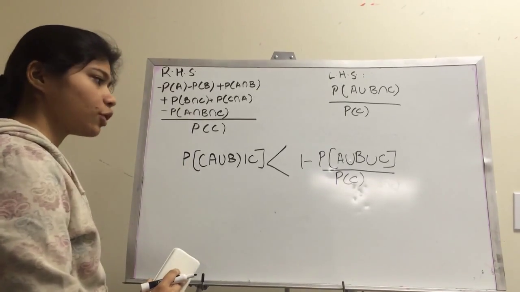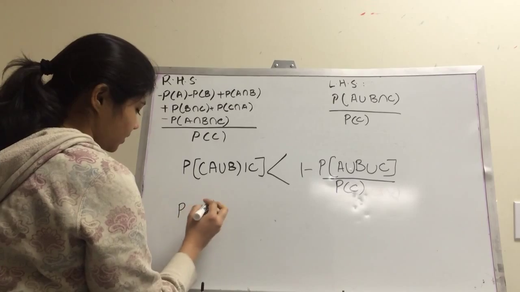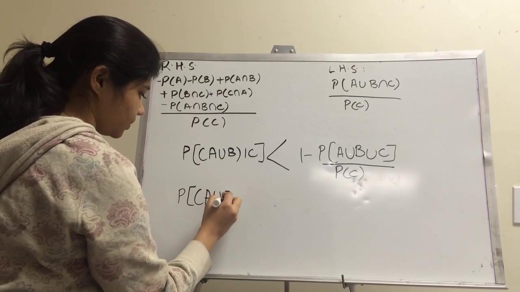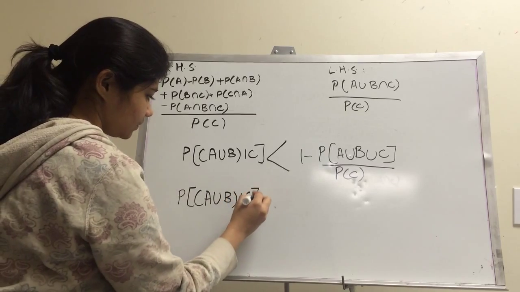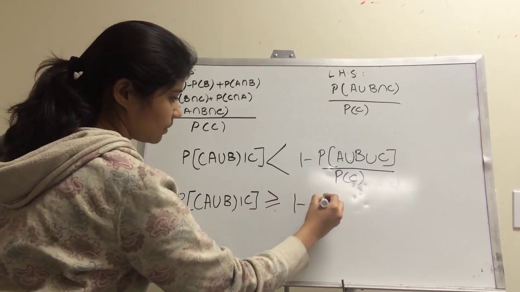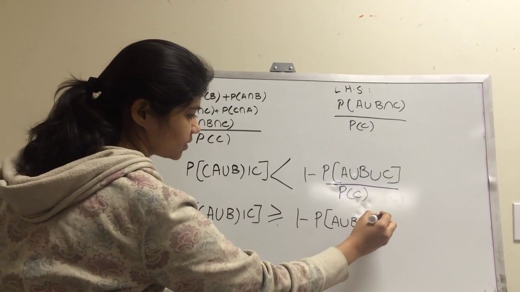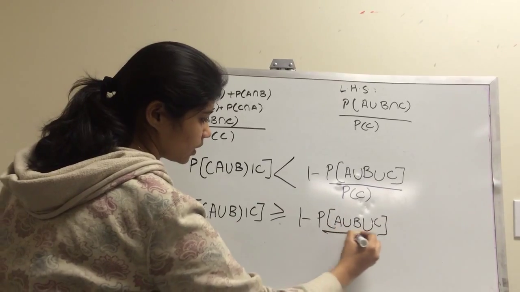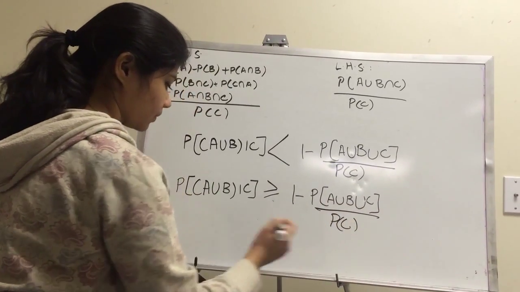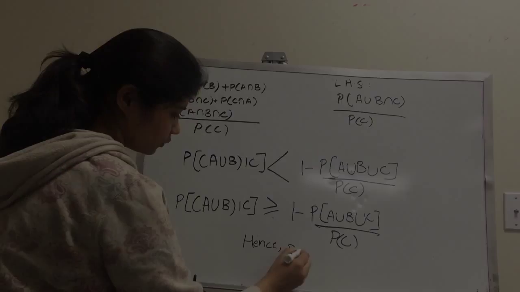Hence, by method of contradiction, we came to the conclusion that probability of A union B given C is greater than or equal to 1 minus probability of A union B union C upon probability of C. Hence, proved.